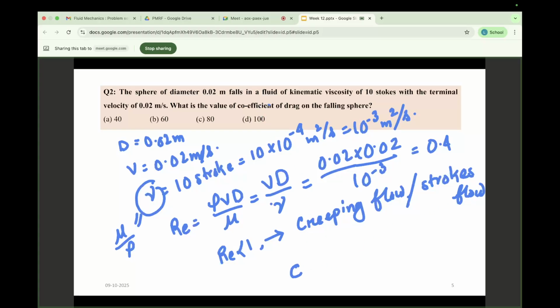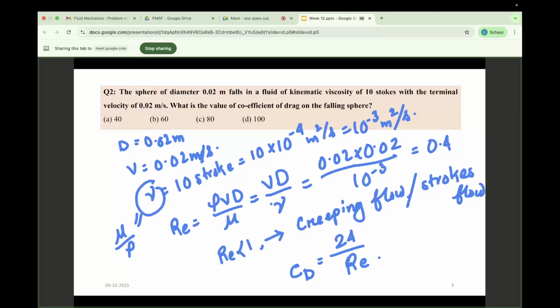So what has been asked is to find the coefficient of drag. In this case, the formula is 24 by Reynolds number. If the Reynolds number is greater than 1, up to a certain range, there are other formulas for CD, but the concept is the same. First you need to find the Reynolds number and check in which range it lies, and correspondingly there are certain formulas, like CD equal to 24 by Re, or CD equal to some constant by Re to the power something.